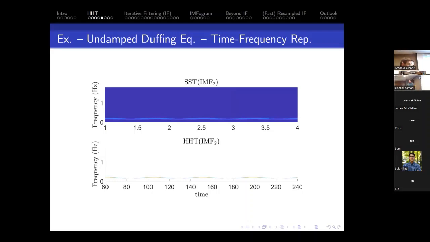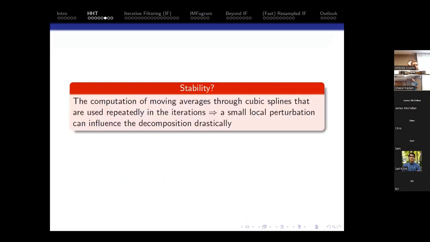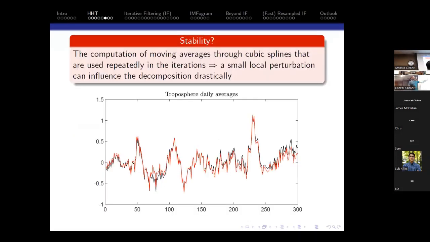Why? Because there are a lot of other problems. First of all, stability. What do I mean by stability in this context? Let's take an example. We take these two signals that are pretty similar to each other, one in black, one in red. They're really close. Red here is constantly above in the first half and then constantly below in the second half.